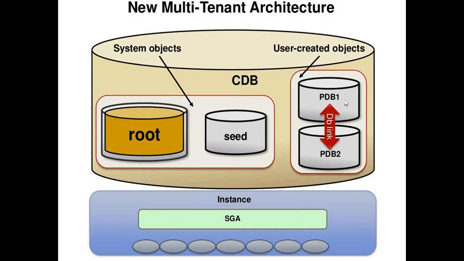From this seed you can create around 252 pluggable databases in the container database, which is supporting pluggable databases. So here it is a DB link. Cross connection with the help of a DB link can be done to another pluggable database, PDB1 with PDB2. This is shown in this diagram.